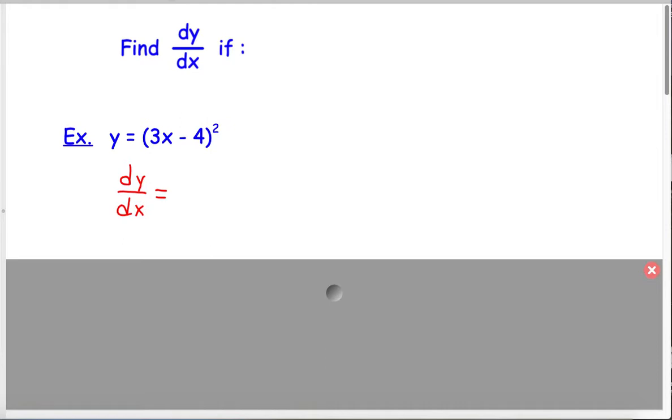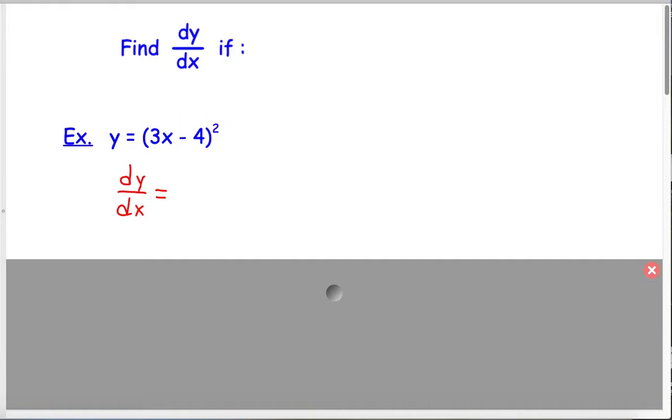If I asked you to evaluate this for x equals 2, what would you do first? You would multiply by 3 and subtract 4. Then when you got that answer, you would square it. So the last thing you did is actually going to be the first thing we start with for our derivative.